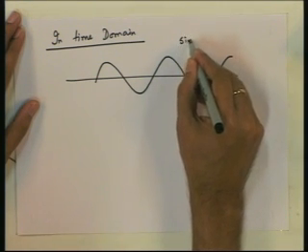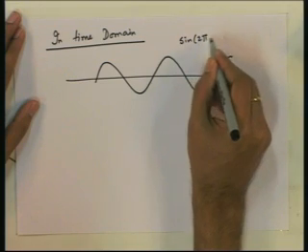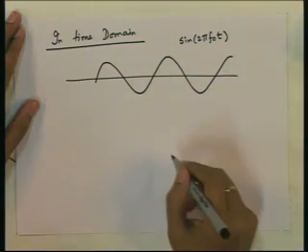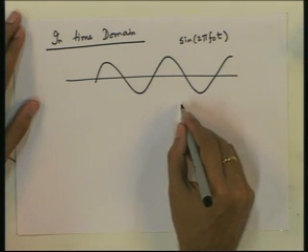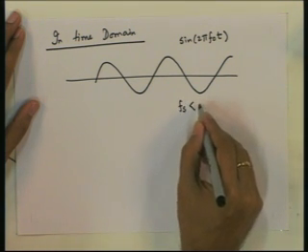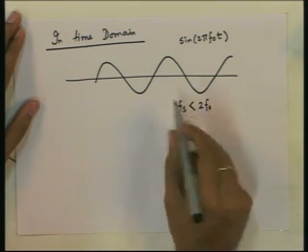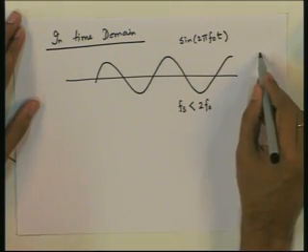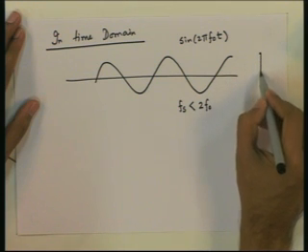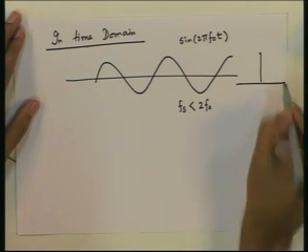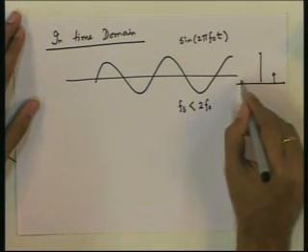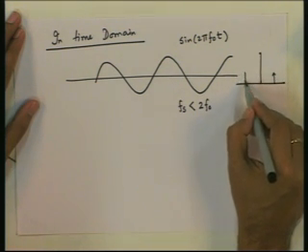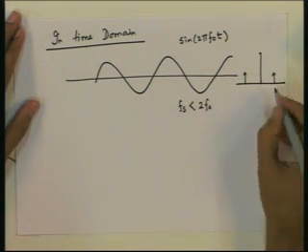So this is sin 2 pi f naught t, and let us choose a frequency Fs which is less than 2 times f naught, the maximum frequency of this. What is the spectrum of this sinusoidal signal? Its spectrum is just 2 deltas. This is the magnitude spectrum, 2 deltas.